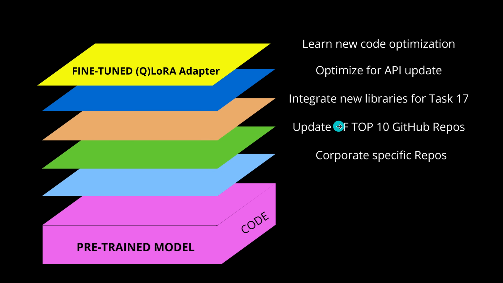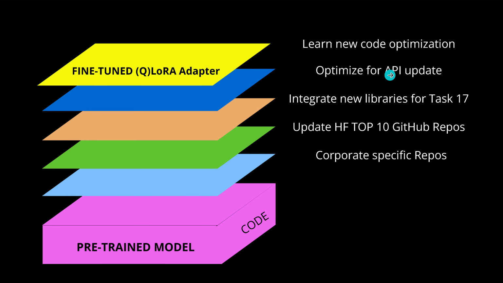If you want to update on the latest Hugging Face code, scripts, and repos, you take the top 10 GitHub repos from Hugging Face that you would like to have integrated in your corporate knowledge base, and you have a LoRA blade here. If you want to integrate new libraries that came out last week for your corporate task number 17, whatever it is, do it with this LoRA adapter integration.